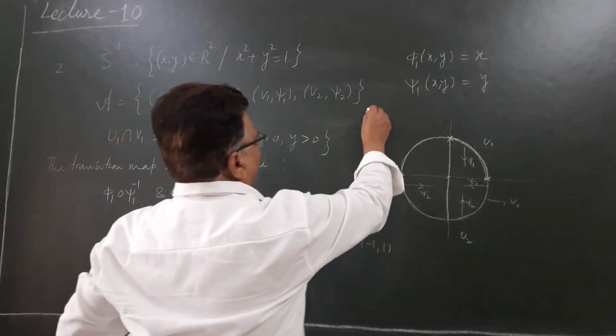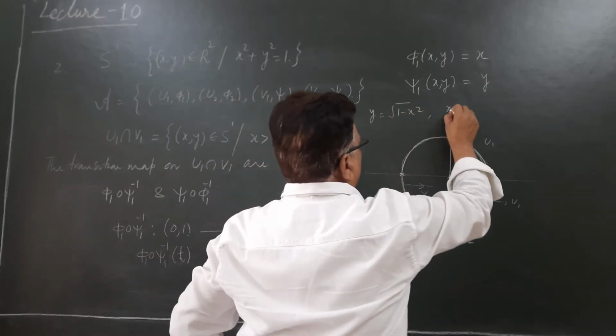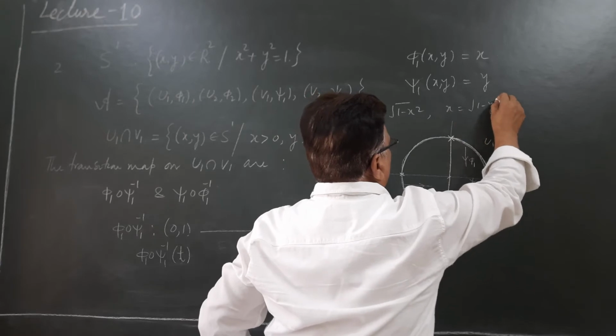So you can say y equals under root 1 minus x square and x equals under root 1 minus y square.